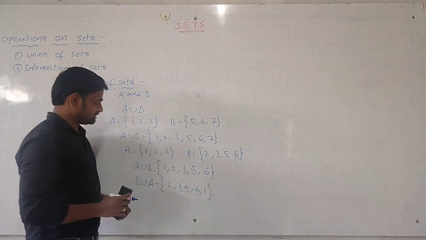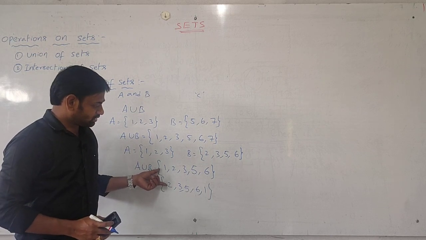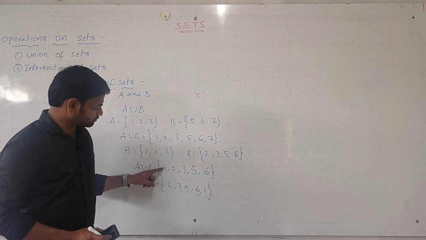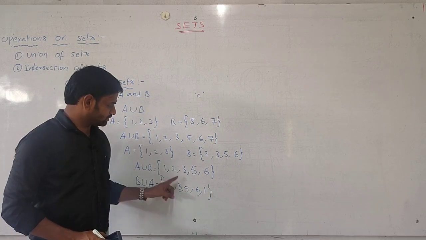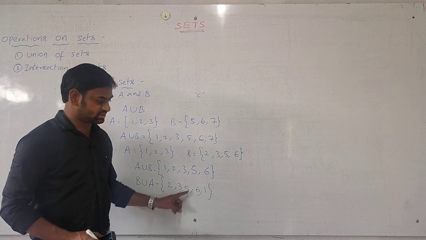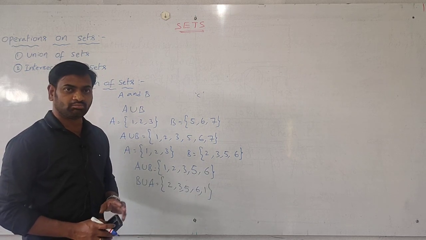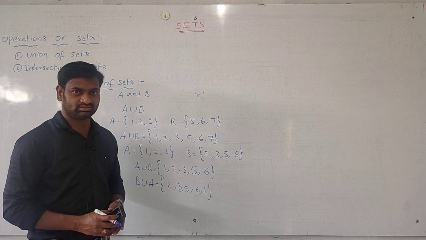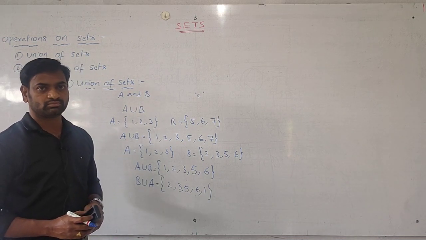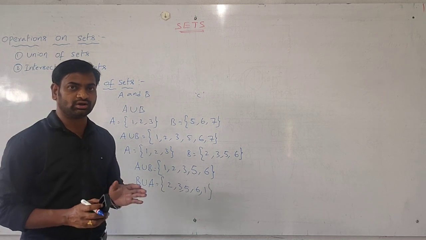Now check these two. Are they equal or not equal? See once here. 1 is there, 2 is there, 3 is there, 5 is there, 6 is there. But the order is different. As I said, when you are writing in roster form, there is no need to follow order.